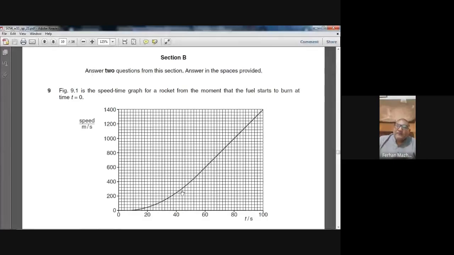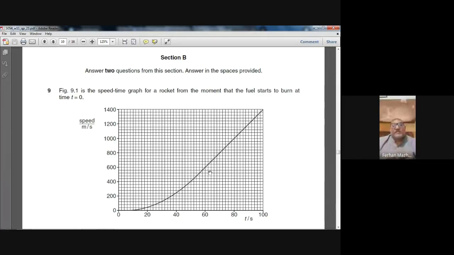Somewhere here the graph has become a straight line. The gradient has become constant, which means the speed is increasing but the acceleration has become constant. Now you can say it's accelerating with a uniform acceleration.